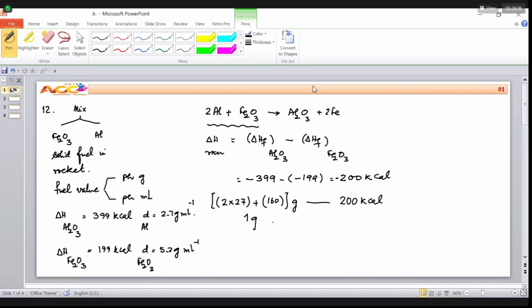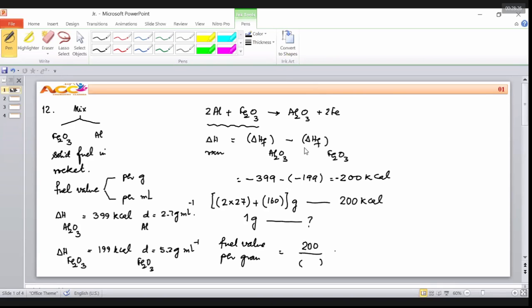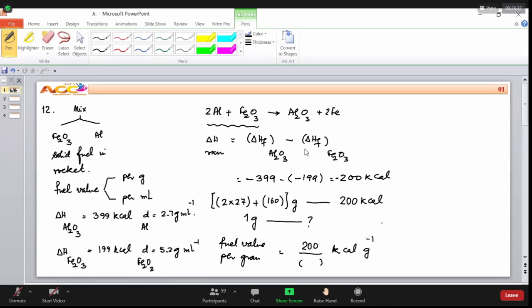I require for 1 gram. Therefore, the fuel value per gram is equal to 200 by this number, right? Kilocalories per gram.